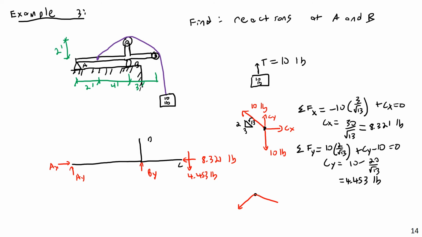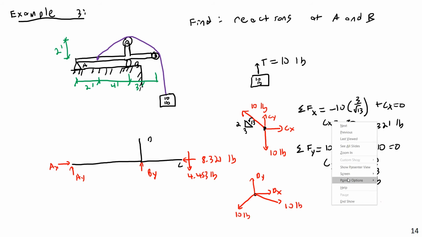And then let's say I have a dx and a dy. I'm not sure what direction they're going to be, so I'm just going to assume up and to the right for now. And a 10-pound force here. Again, it's an ideal pulley, so the force just continues on through. 10 pounds and 10 pounds.